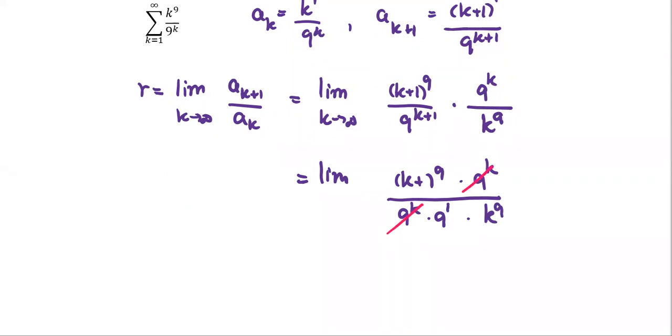Cancel 9 to the power k and 9 to the power k. Take the limit as k approaches infinity. We have 1 over 9 as the coefficient, and we are going to take the limit of (k plus 1) to the power 9 divided by k to the power 9 as k approaches infinity.